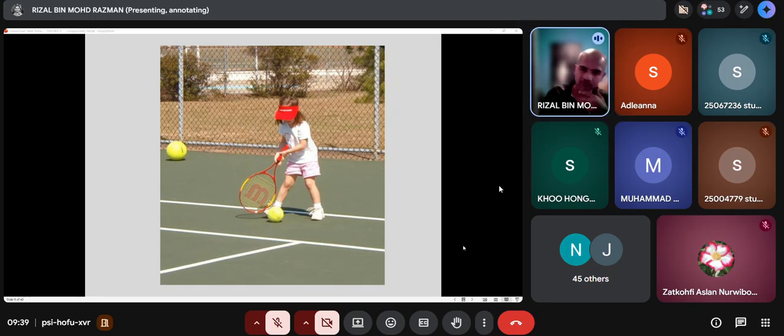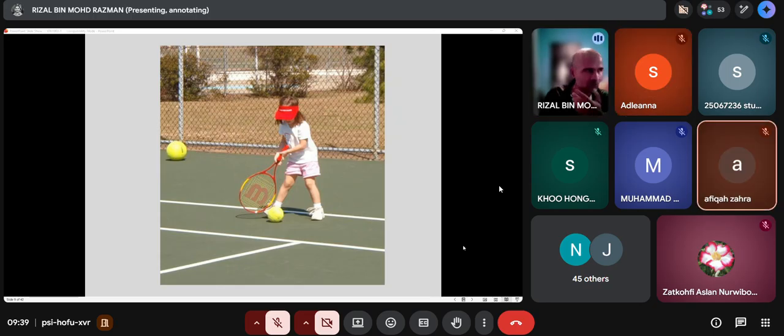If you are the coach, and this young kid comes in to play tennis, what is the bigger goal? To improve movement.